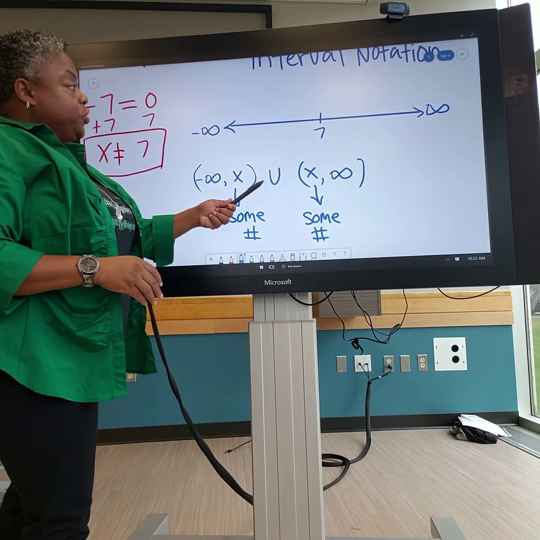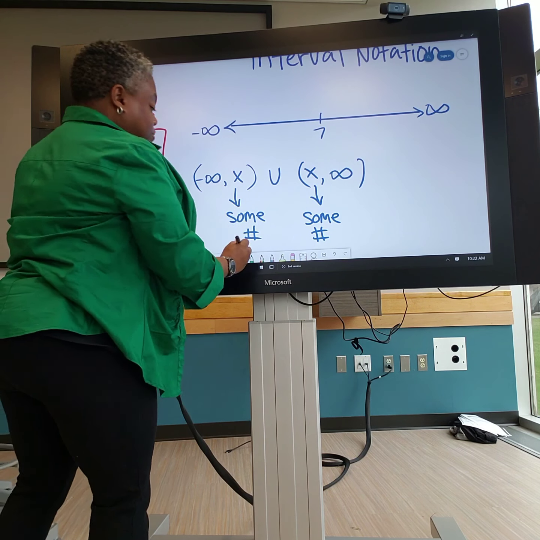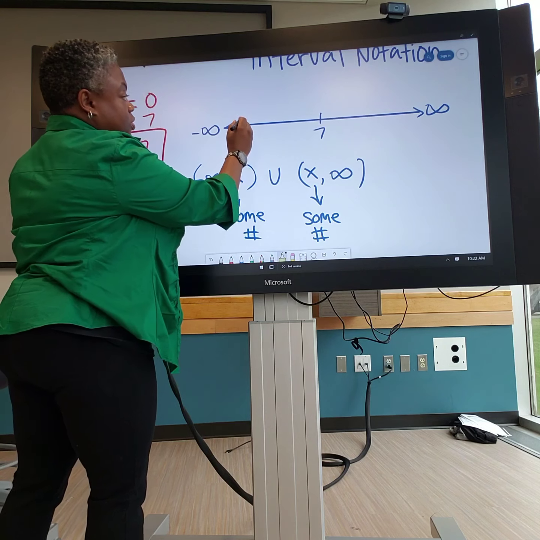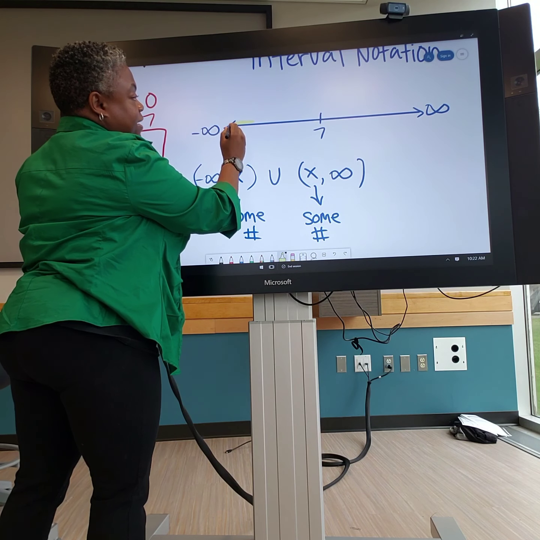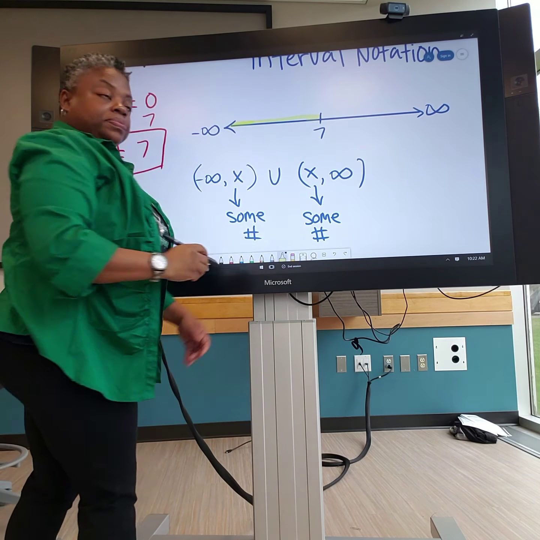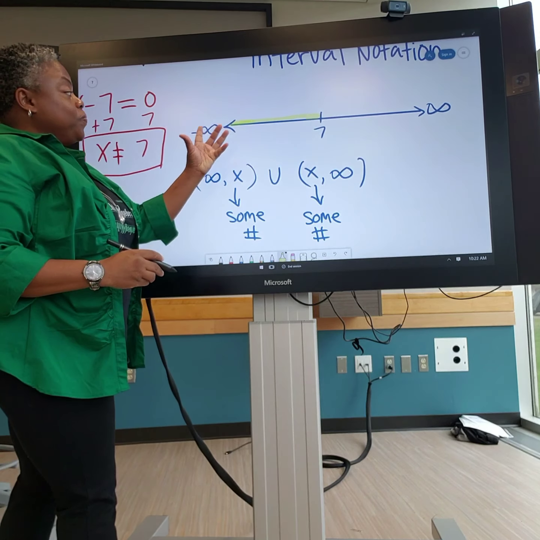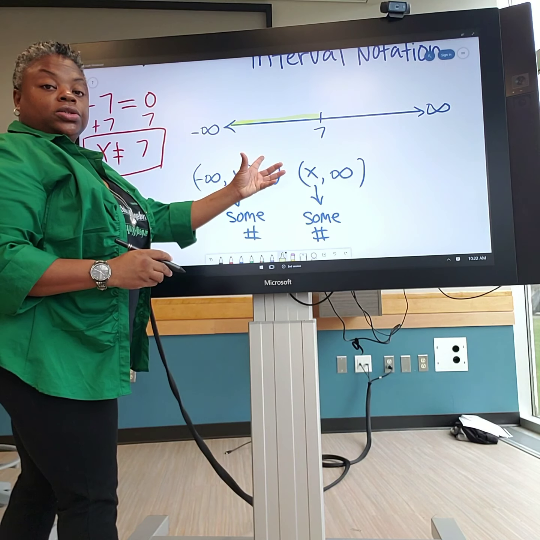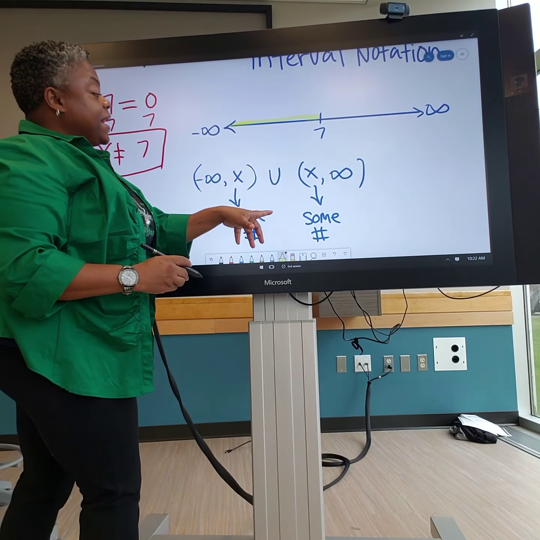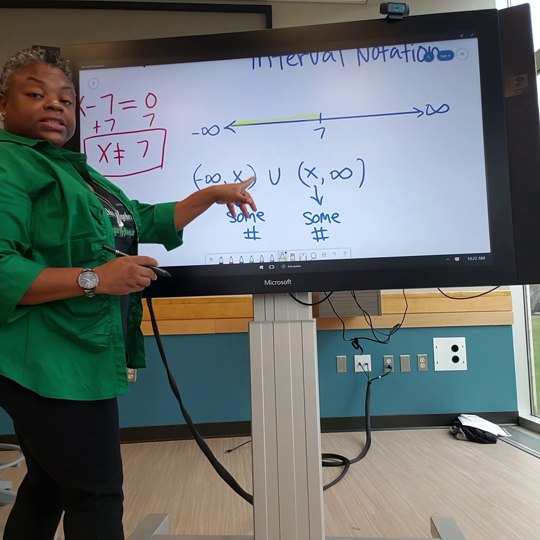And so you have your U. So all the numbers from negative infinity to 7 can be part of your graph. So 7 cannot be, so we write a parentheses by it.